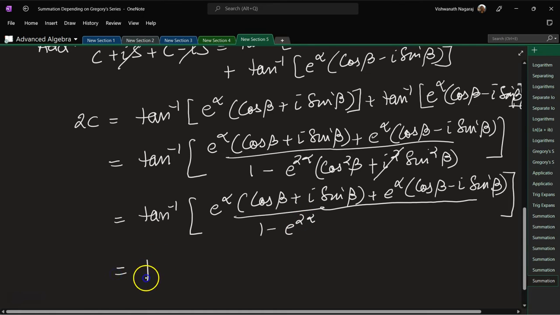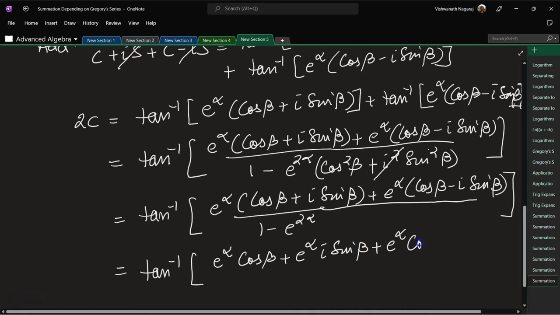Okay. Now tan inverse of, let's take care of the numerator. What do we get? We get e to the power of alpha cos beta plus e to the power of alpha i sine beta plus e to the power of alpha cos beta minus e to the power of alpha i sine beta, divided by 1 minus e to the power of 2 alpha.